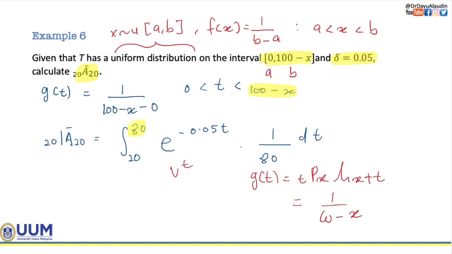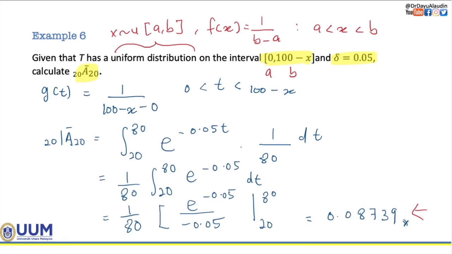Or we can straight away take it from the PDF for the uniform distribution, 1 over B minus A, where B minus A is this interval. Then we solve the integration and we get 0.08739.